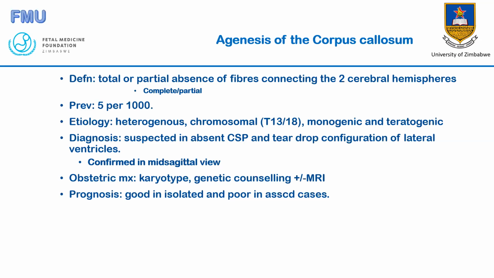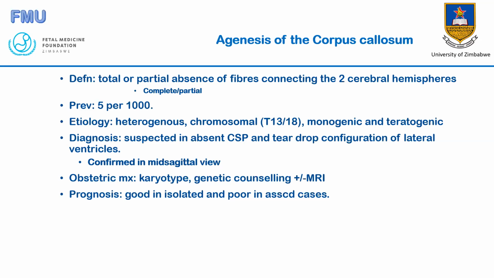If somebody has trisomy 13 or 18, the prognosis is very poor because these conditions are near lethal. So this is very important for counseling, because if trisomy 13 or 18 is present, then the counseling message changes compared to if we cannot pick these two conditions.